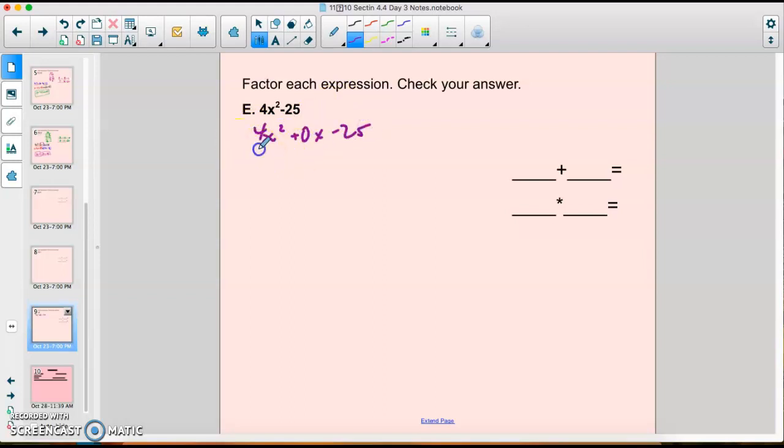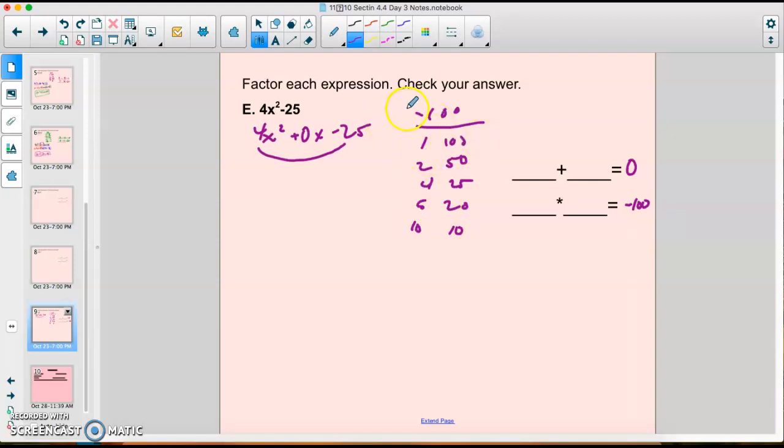Okay, so we need factors of negative 100, and they need to add up to 0. Interesting. Okay, and so we have factors of negative 100, being 1 and 100, 2 and 50, 4 and 25, 5 and 20, probably 10 and 10.